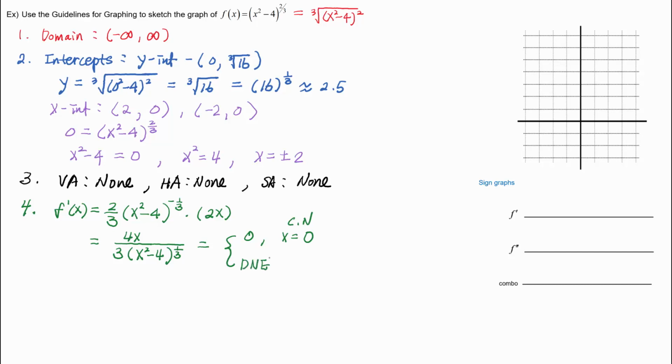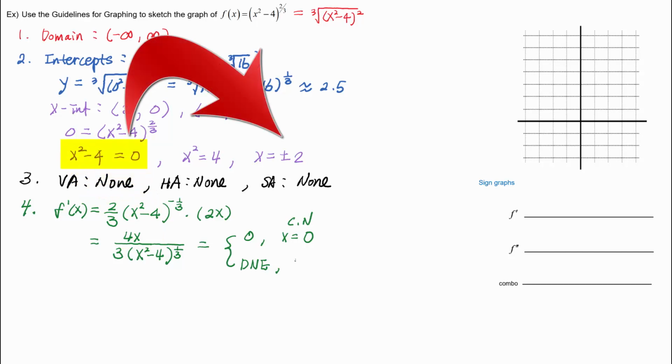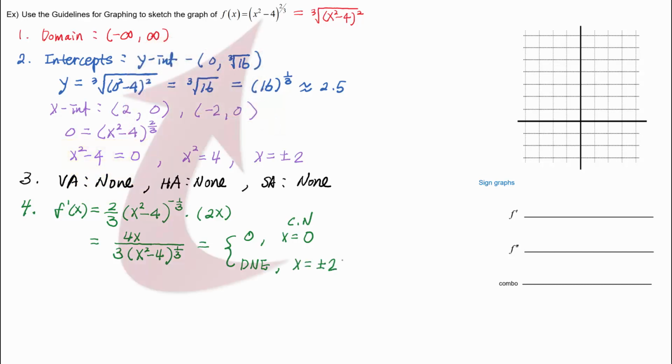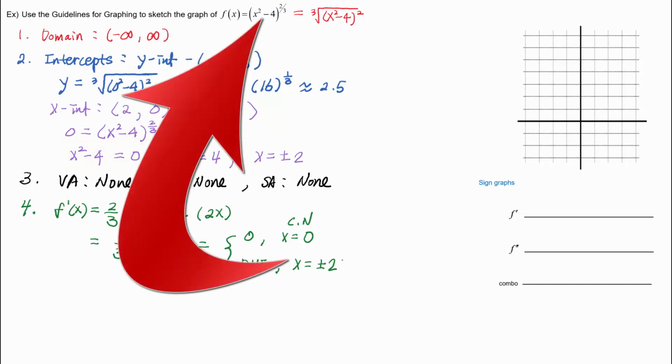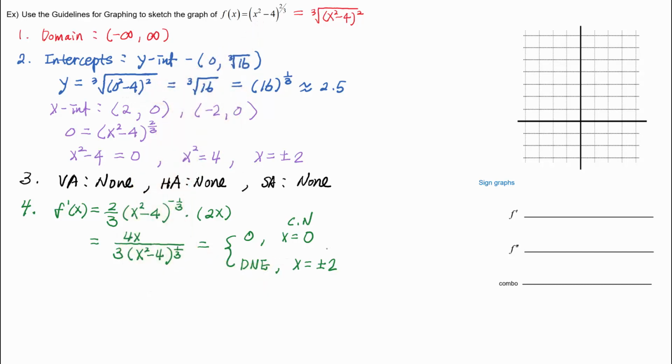My f prime does not exist if the denominator is 0. And the denominator is 0 if this quantity is 0. And you know your quantity is 0 if x is equal to plus or minus 2. And f of plus or minus 2 exists. So x equals plus or minus 2 are also critical numbers.